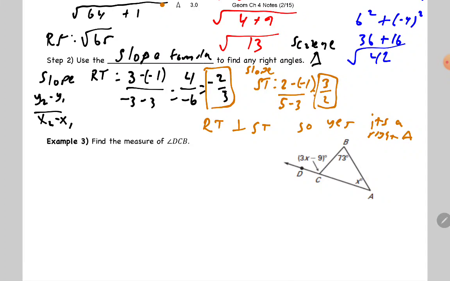All right, find the measure of angle DCB. Okay, so DCB is this brown angle here.